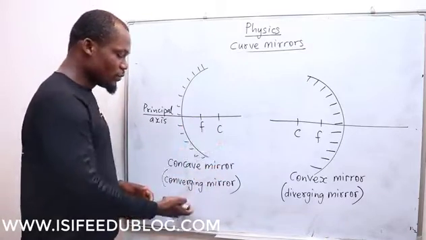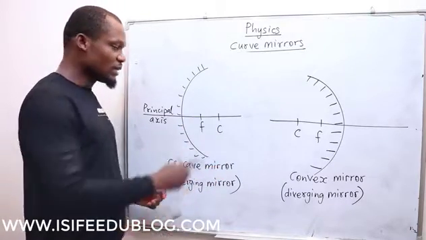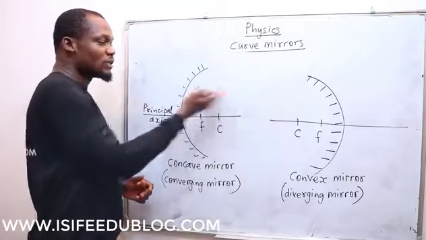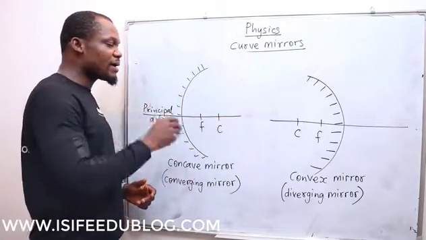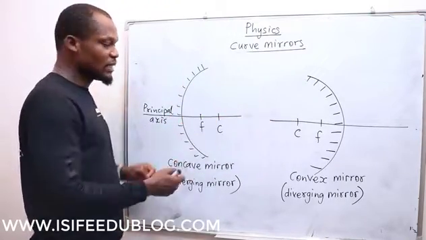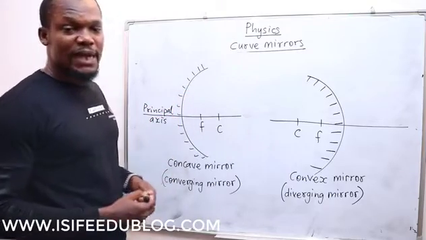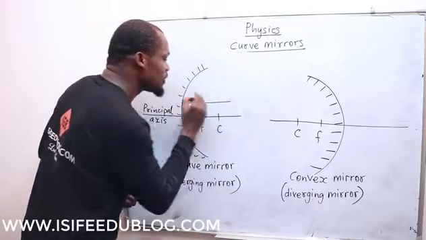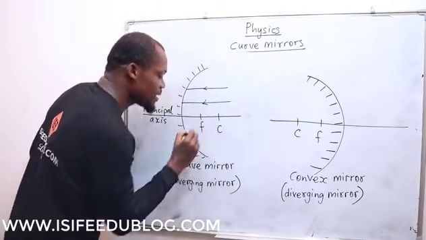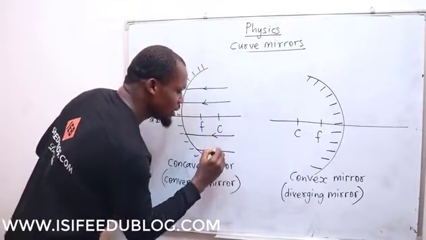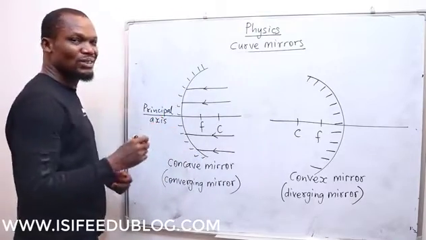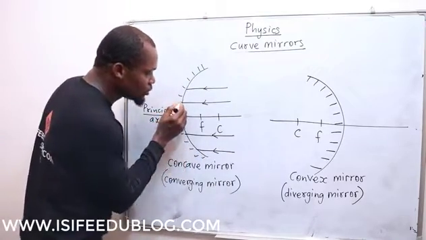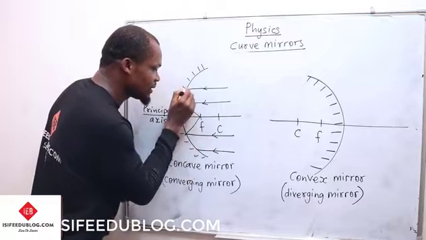Remember, a concave mirror is called the converging mirror. Hence, when light comes directly and they are parallel to this principal axis, they are going to converge at the principal focus. When we have rays of light parallel to the principal axis, all these lights are going to reflect through the principal focus this way.